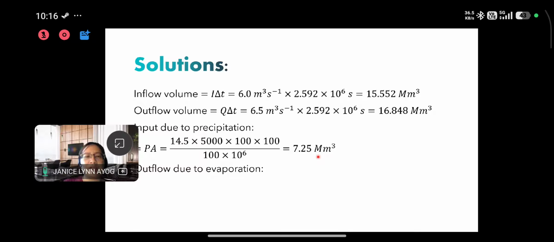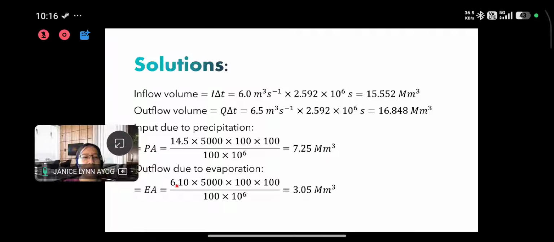Outflow due to evaporation is similar to calculating the precipitation. This is the evaporation in cm, if I'm not mistaken. This one here is the hectares, which you have to convert into square meter so that you get this. The big M here is actually mega. It's a mega cubic meter, in case you're curious.